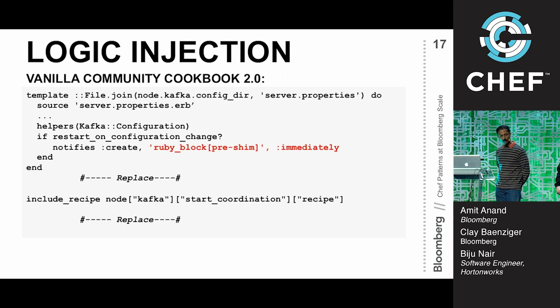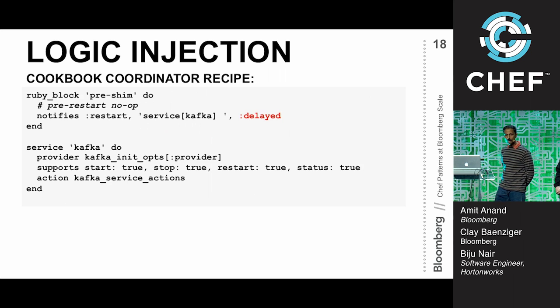As I said, what are we including? Here is what the recipe we include instead of the service resource looks like. The first step is a Ruby block, which the template resource is now notifying, and then the original service resource itself.